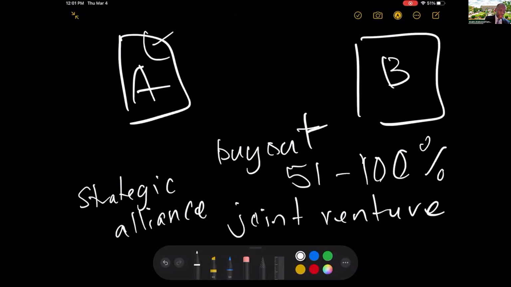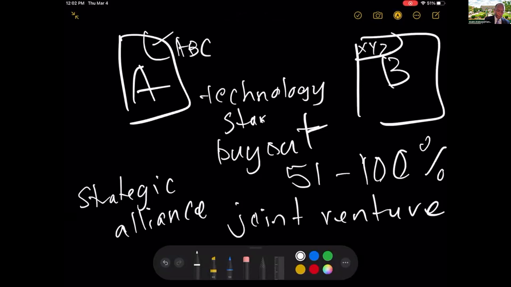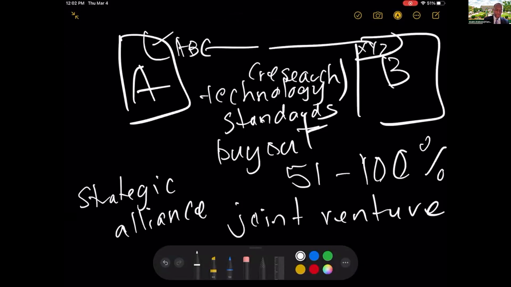This might be a situation where ABC and XYZ will say, okay, we're trying to accomplish a goal to create technology standards. And so they collaborate on a research project. They both come together, put their resources, and then they come up with a set of standards. And then after those industry standards are decided upon, they go about their separate ways. So that's a strategic alliance.